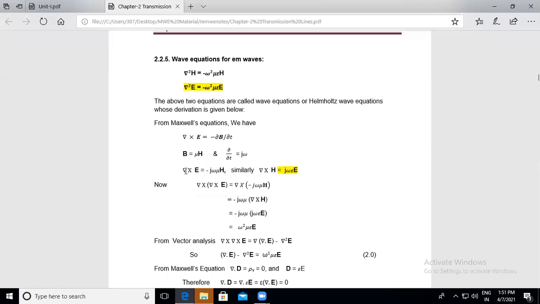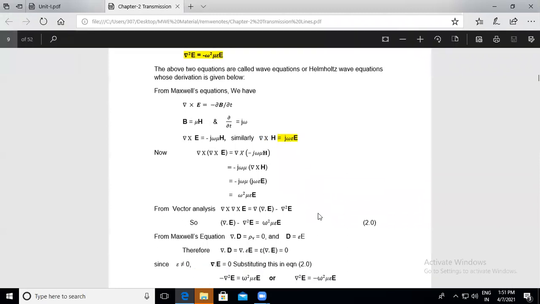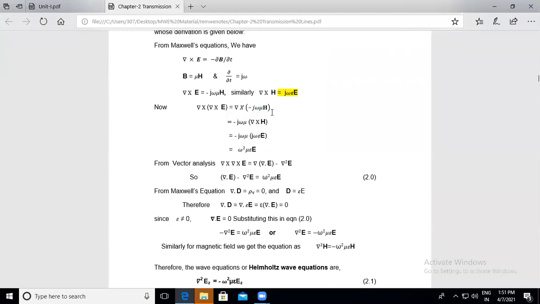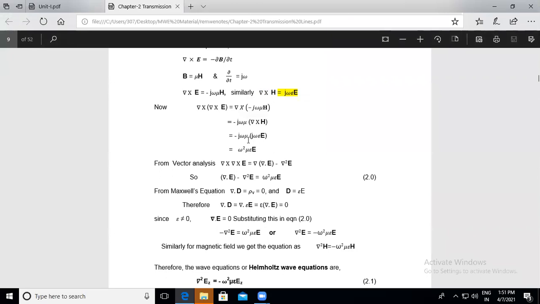Similarly, del cross H will also be represented in terms of omega and E. Once it has been obtained, if we take the curl of del cross E, with j omega epsilon, we get del cross H, and substituting the value of del cross H in this equation we get omega square mu epsilon E. You can note it down as it is and easily understand; wherever there are complications, I'll explain.